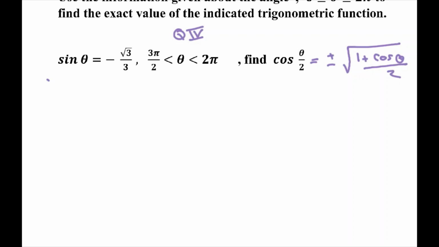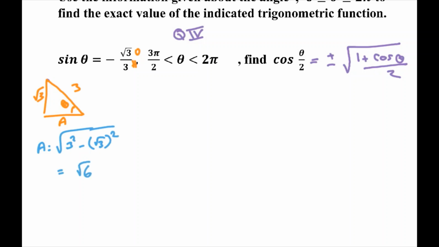Now I need to find cosine theta by creating the triangle. Theta is here, opposite over hypotenuse. I need to find the adjacent, and adjacent would be equal to the square root of hypotenuse squared minus opposite squared, and that's going to be square root of 6.